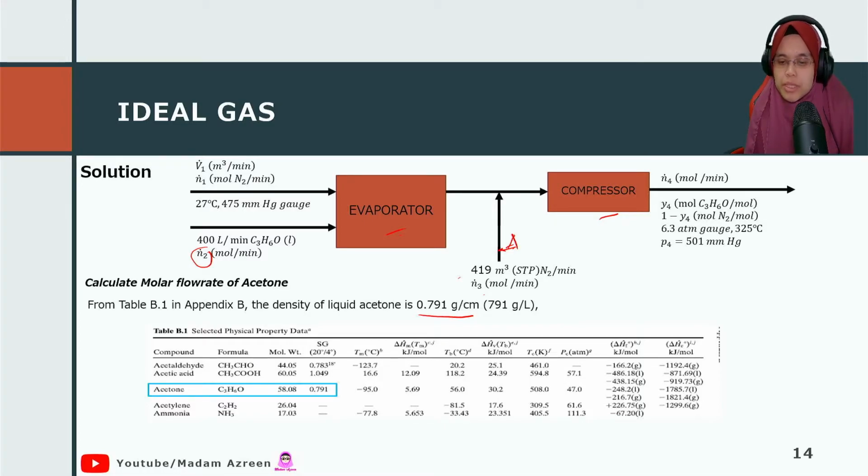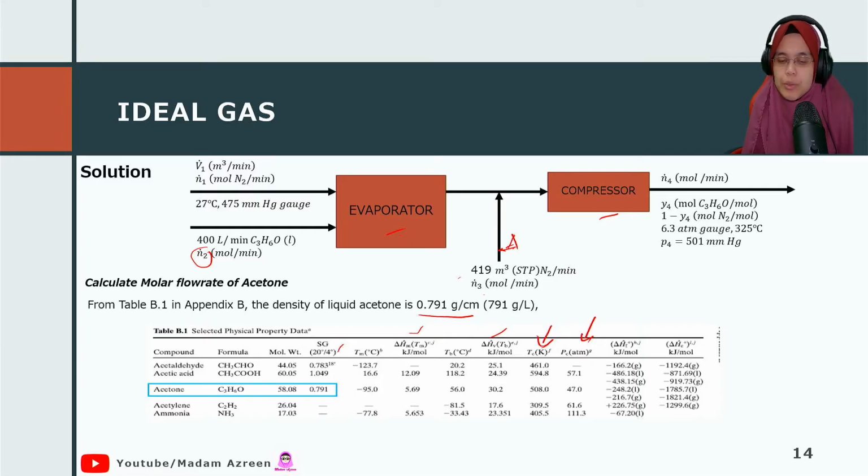Okay, so this is the table about acetone. So from this table, we have the molecular weight, we have the specific gravity, we have the critical temperature, critical pressure, and later on you're going to use these for your energy balance. But in my part, you only need to use critical temperature and critical pressure, which later on we will see how to use.